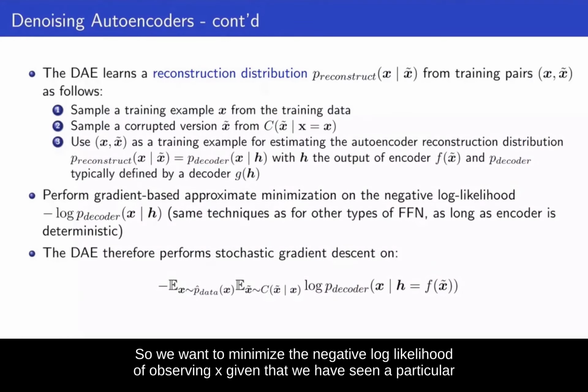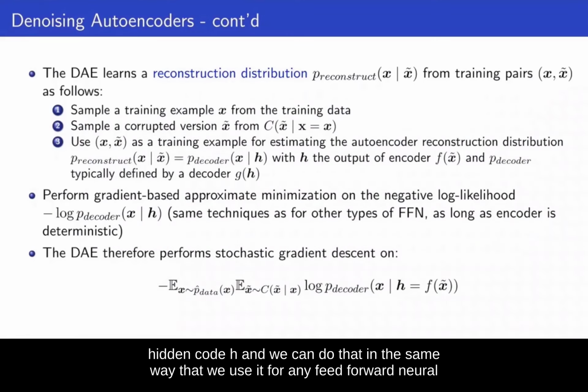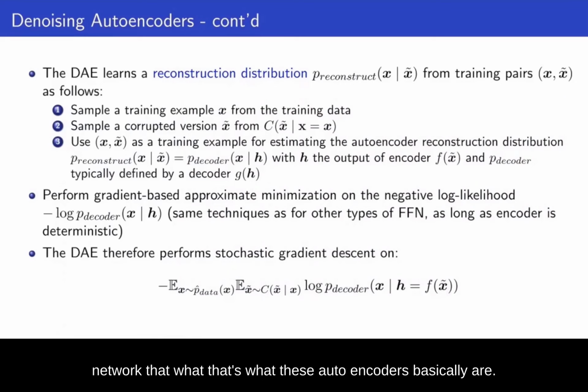So we want to minimize the negative log likelihood of observing x, given that we have seen a particular hidden code h. And we can do that in the same way that we do it for any feed-forward neural network. That's what these autoencoders basically are.